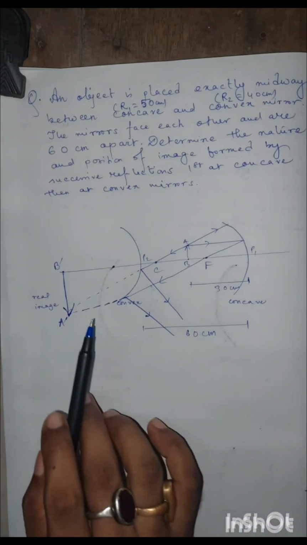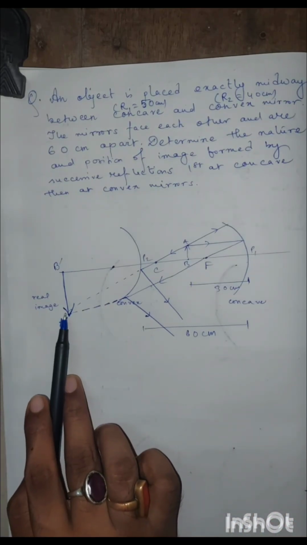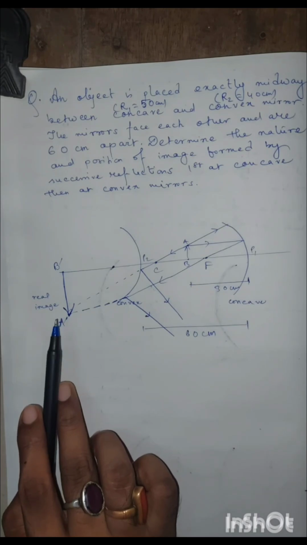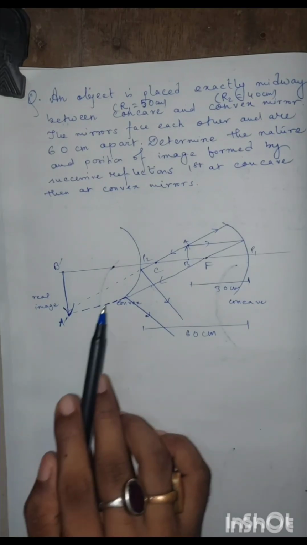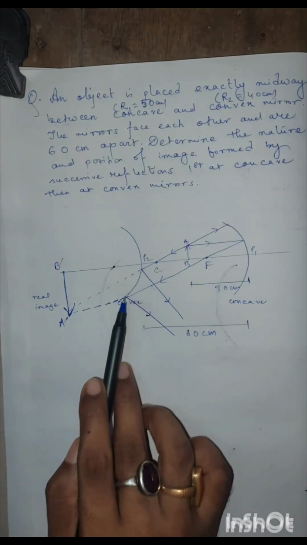Okay, so the first image, that means the real image, is acting as a virtual object for the second mirror.